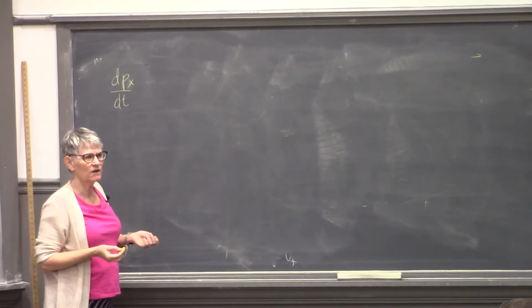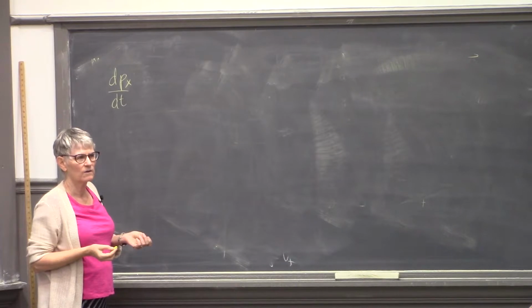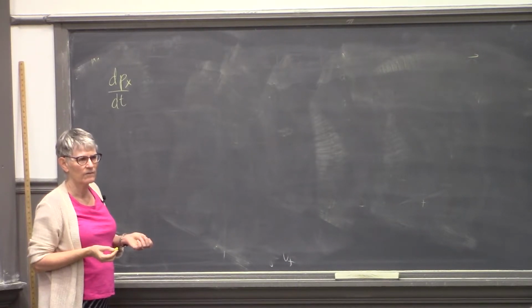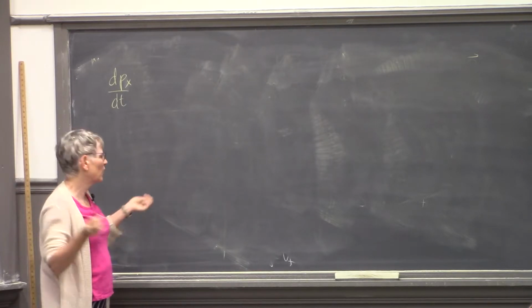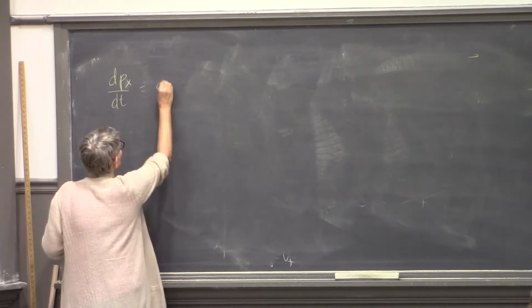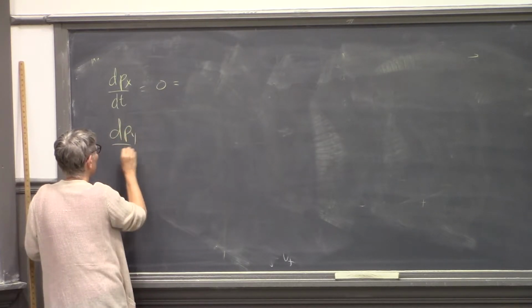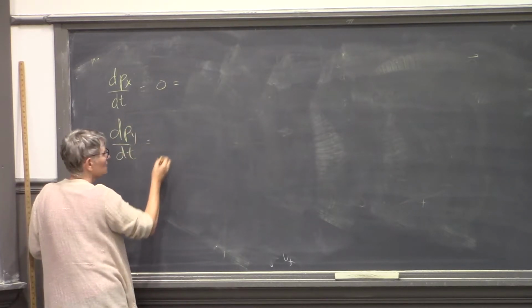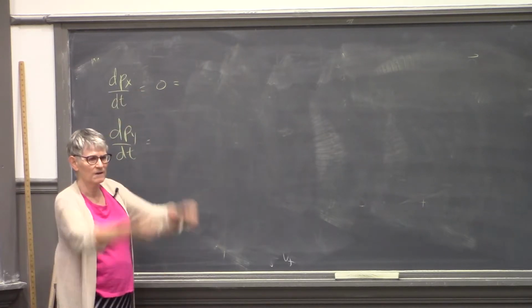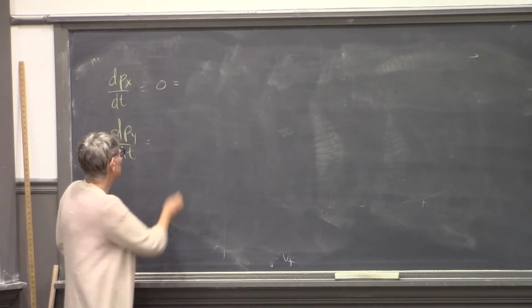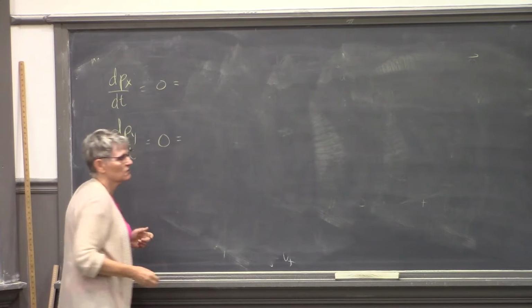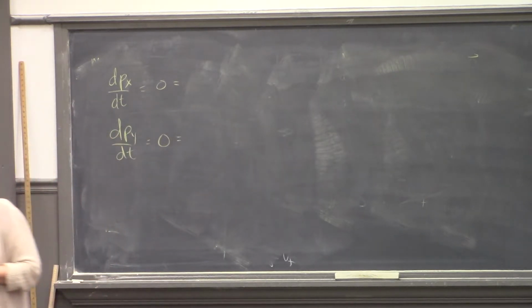What's the value of it here? Zero, right? Because the velocity is not changing. And dpy dt is also zero because it's not changing up and down. Okay, so see if you can write out those equations. We don't have to solve them.